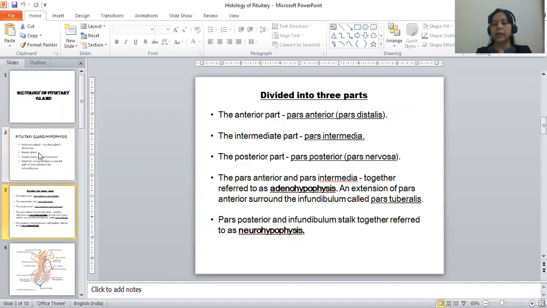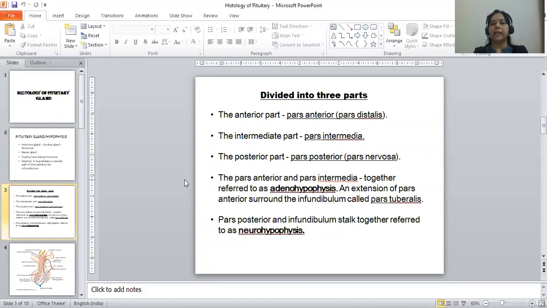Now coming to the anatomy of pituitary gland, it is divided into three parts. The anterior part is called as pars anterior or pars distalis. The intermediate part, a very small part in between, is called as pars intermedia. The posterior part is called as pars posterior or pars nervosa and is made up of nervous tissue in general.